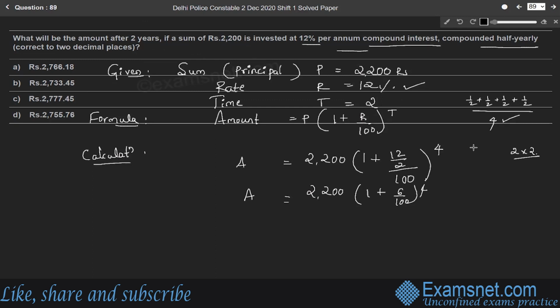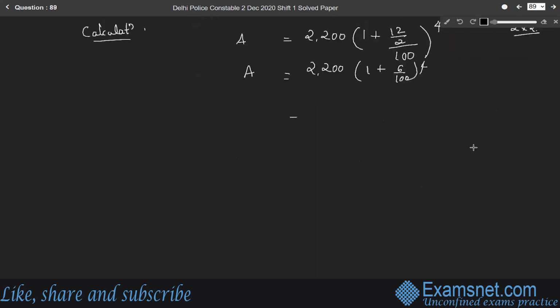So amount is equal to 2200 into 106 by 100 to the power of 4.